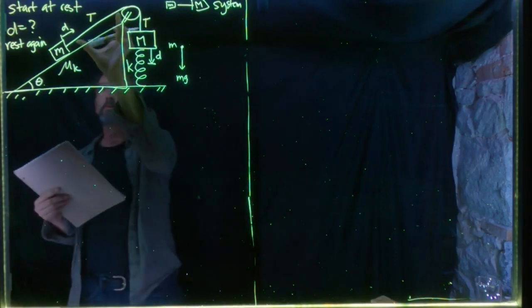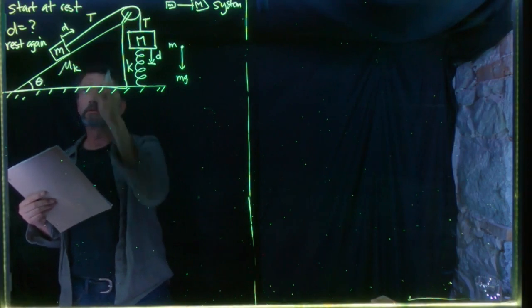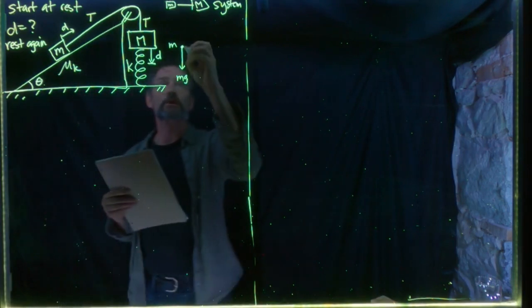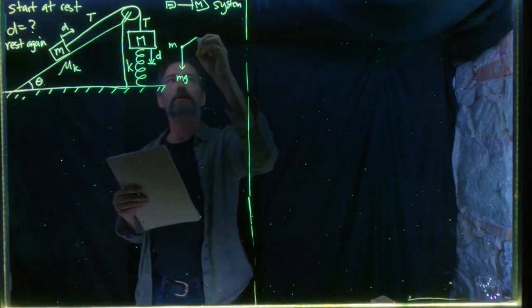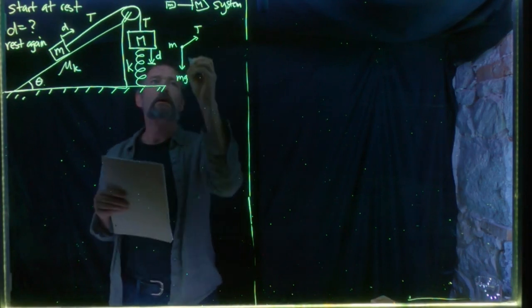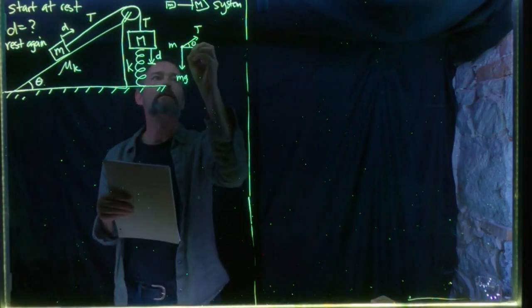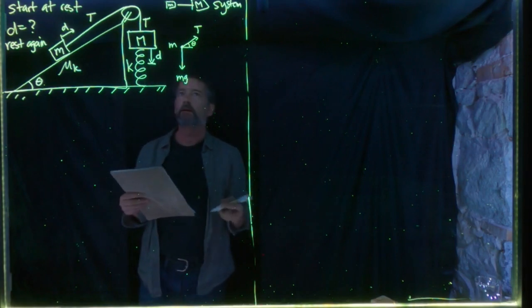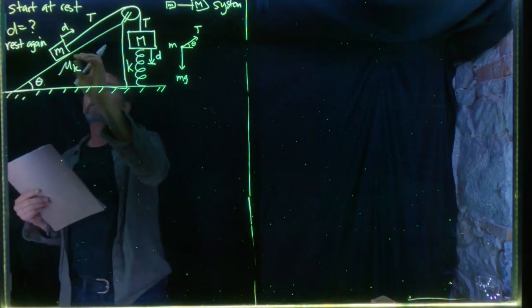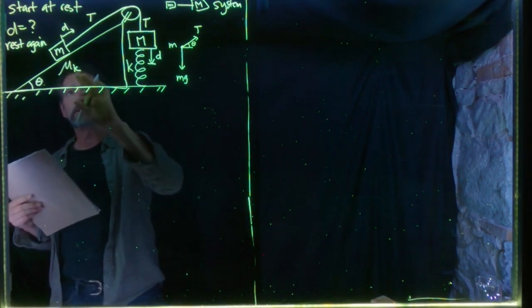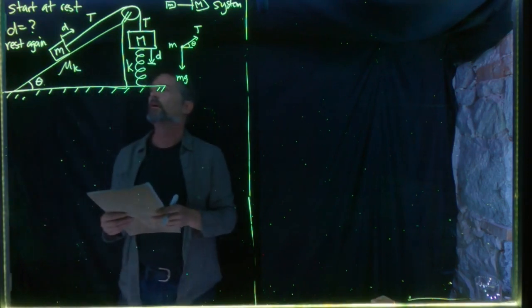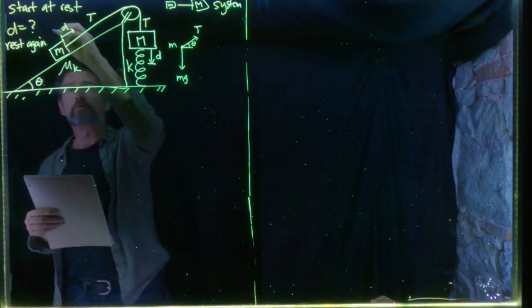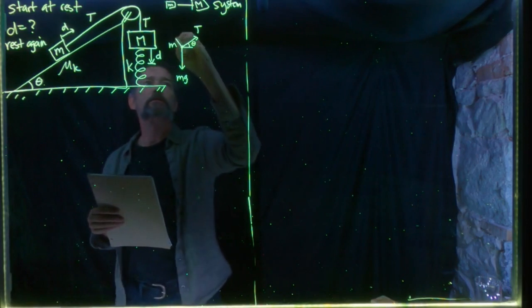The rope is going to exert a contact force on little m in a direction up the incline. So like this, we have a tension T, and the angle here is theta. Also, the mass is touching the incline, so the incline will exert a force on m, a normal force, in this direction.